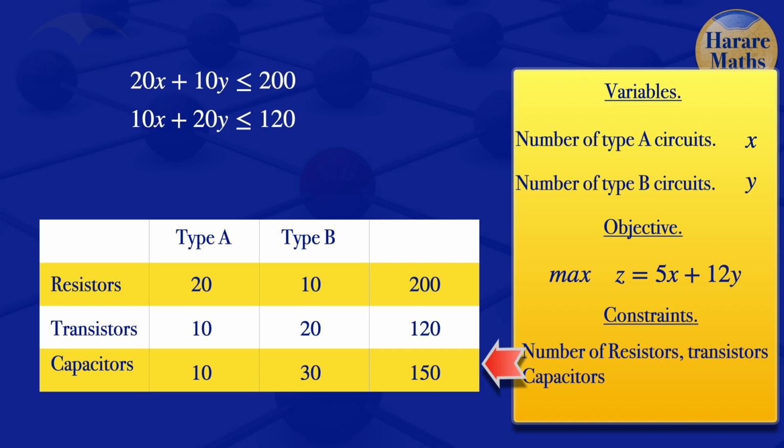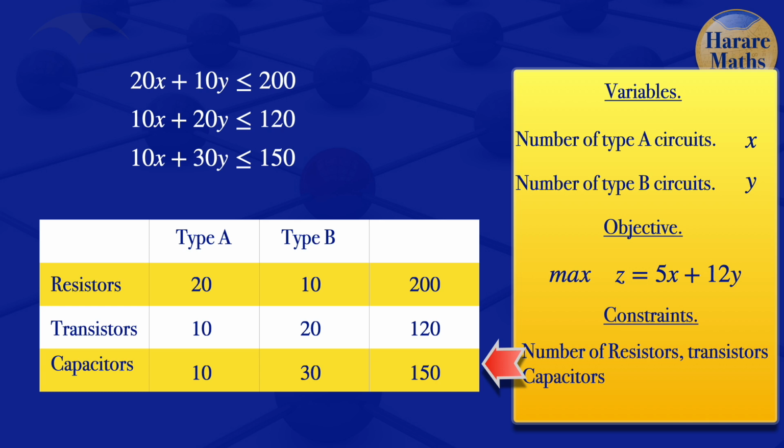And if we are making Y type B circuits, each circuit using 30 capacitors, the total capacitors used to make type B circuits will be 30 times Y. And the total number of capacitors used will be the 10x plus 30y. And this total must not exceed the 150 which is available. So when you write it as a constraint there, it will be 10x plus 30y less than or equals to 150. So we are done with the constraints which are in the table there.